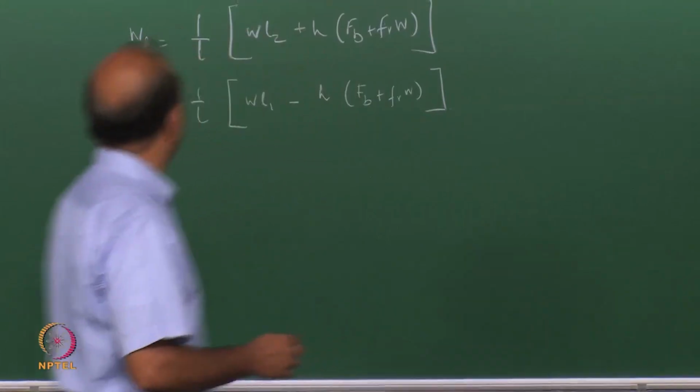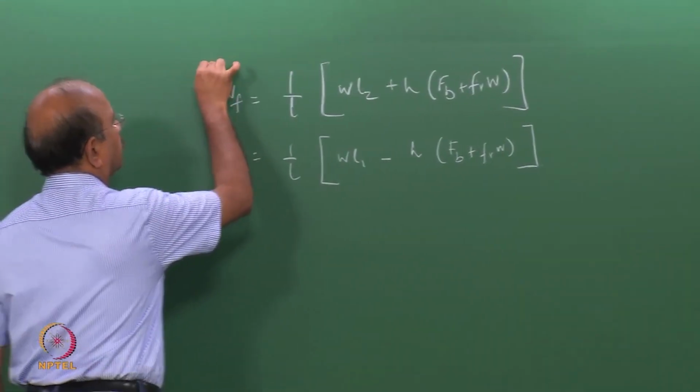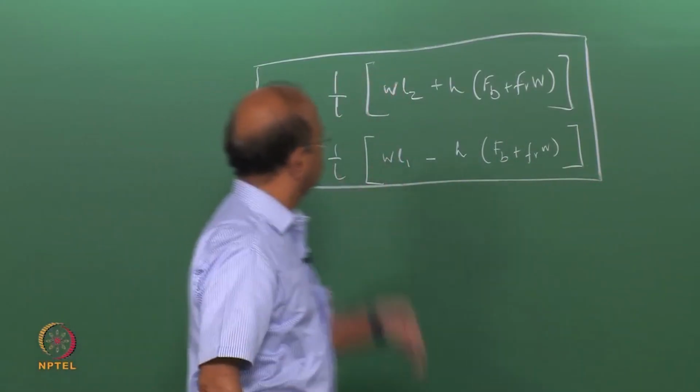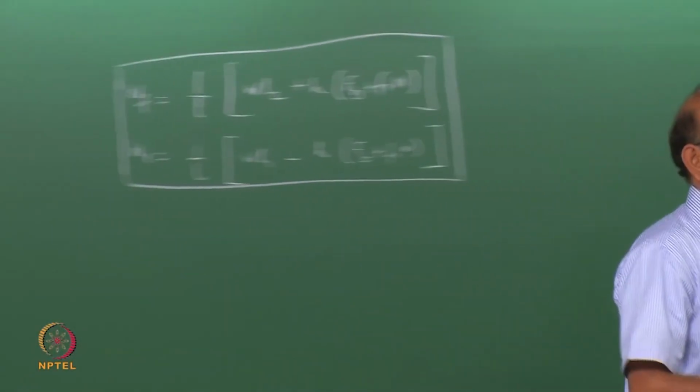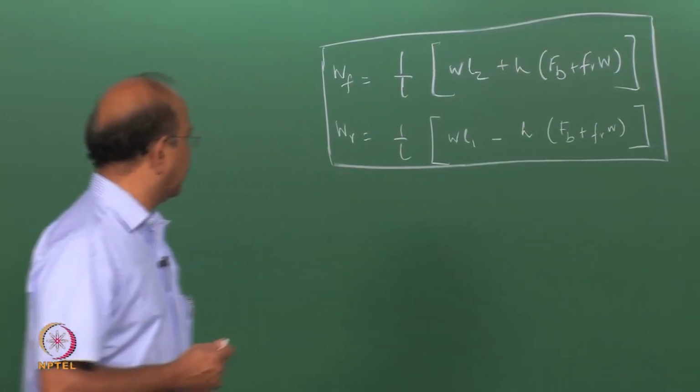So in the last class, we were looking at braking. Maybe we stopped just short of this, or maybe we did this derivation. Very simple derivation, there's nothing much in this. We looked at the moment equilibrium, and then we derived this.